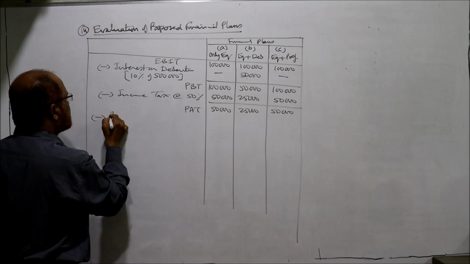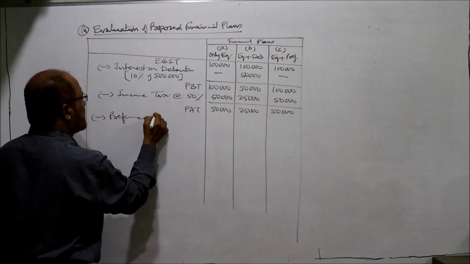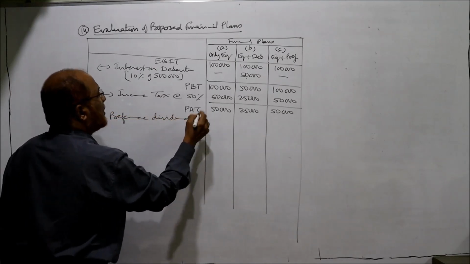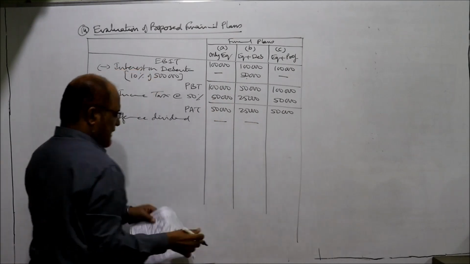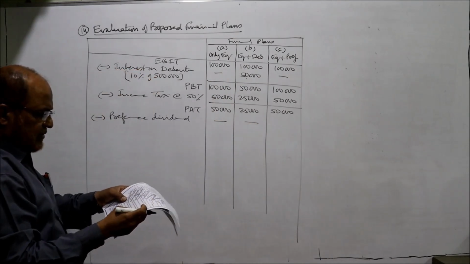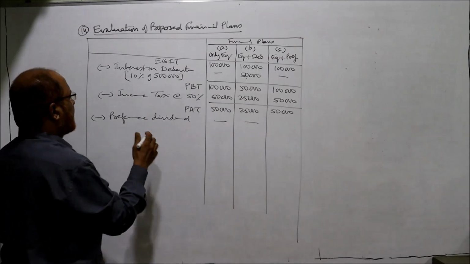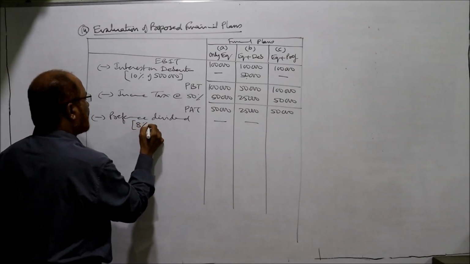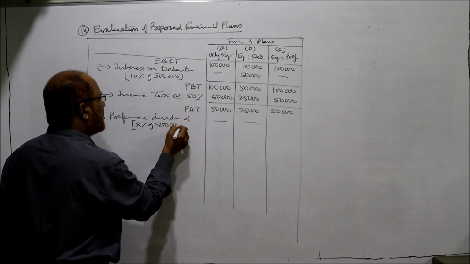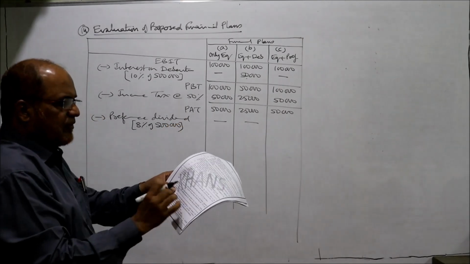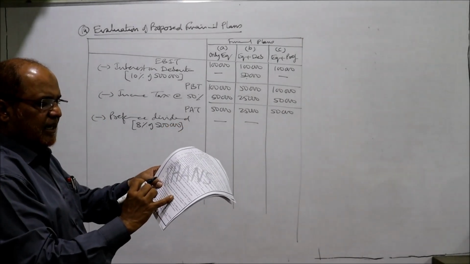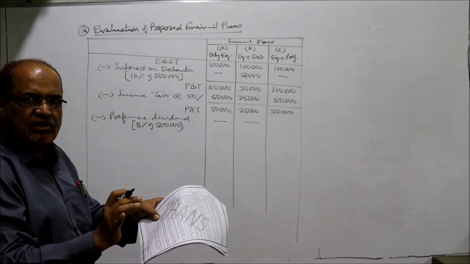From PAT, less preference dividend. In the third plan, we have preference capital. The preference dividend is at the rate of 8% of 5 lakh. You can see the third plan. In the third plan, we have 5,000 preference shares of rupees 100 each. So 5,000 into 100 is 5 lakh.